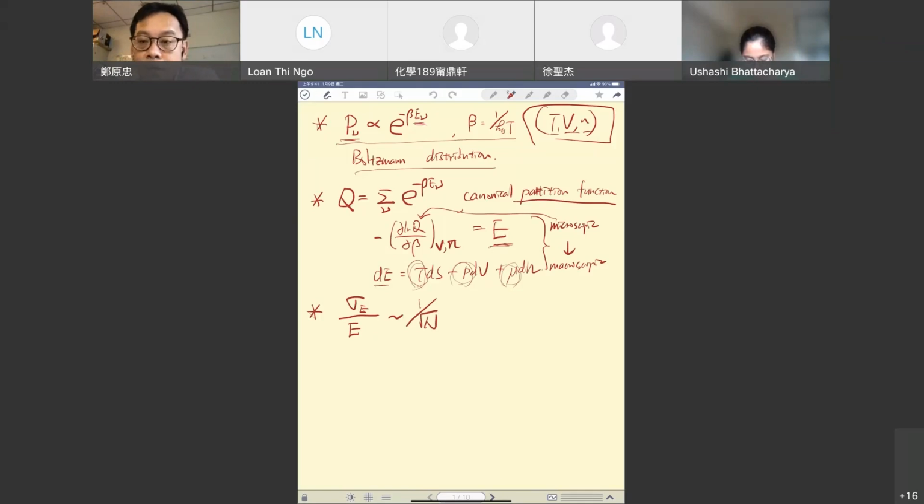Because N normally is a very large number, this goes to 0 for macroscopic systems. So for macroscopic systems, this ratio approaches 0, and we do not see any fluctuations. We do not see any change in energy. In that sense, the energy can be considered a fixed value because the energy fluctuation cannot be measured.